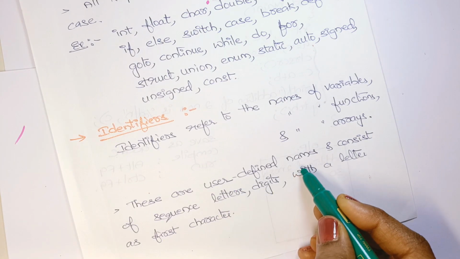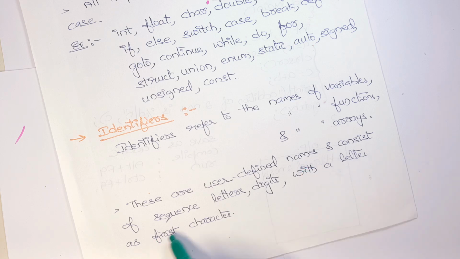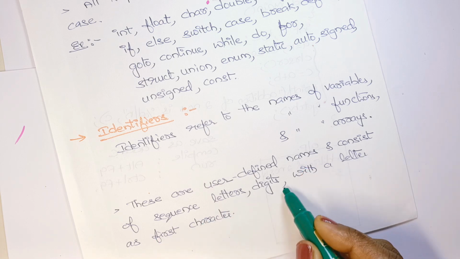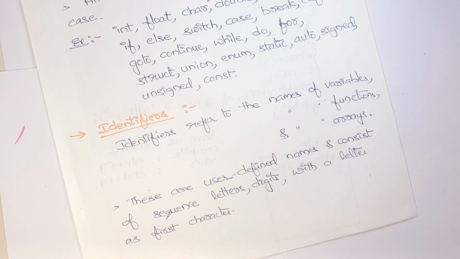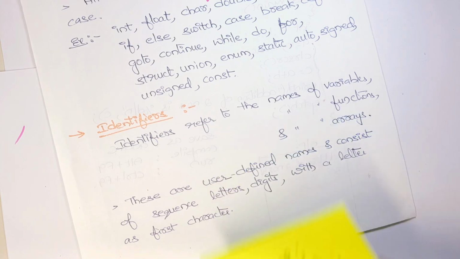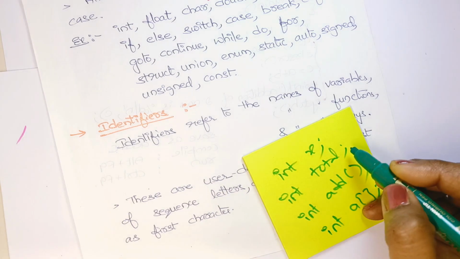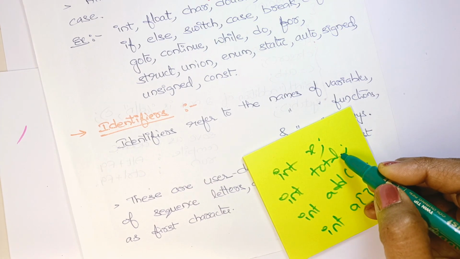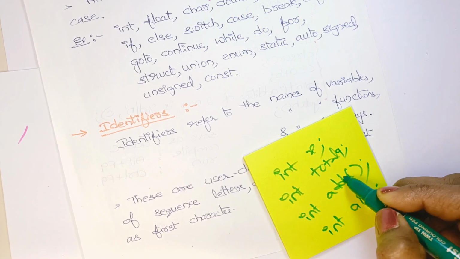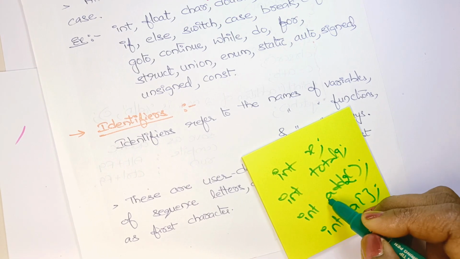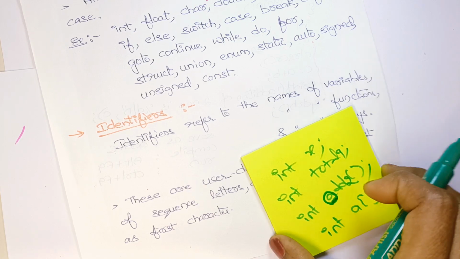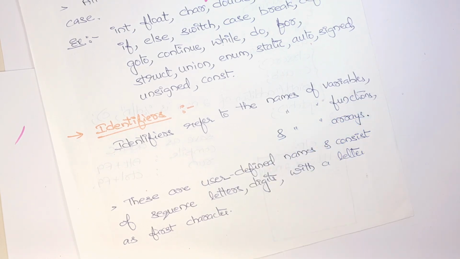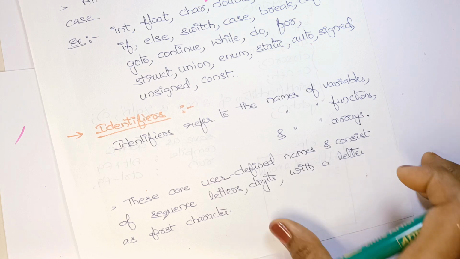An identifier consists of a sequence of letters and digits, with a letter as the first character. You can use a combination of letters and digits, like total9 or add2. But the first character must be a letter, not a digit.